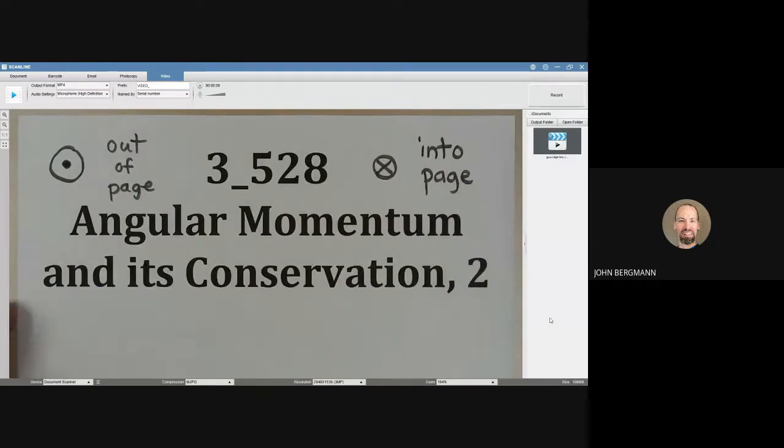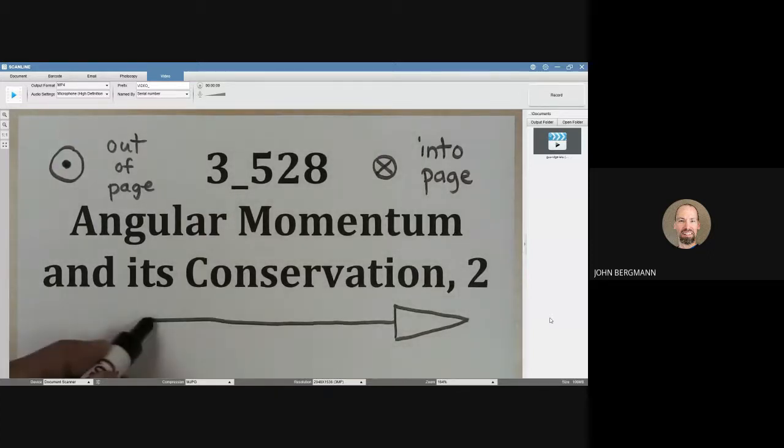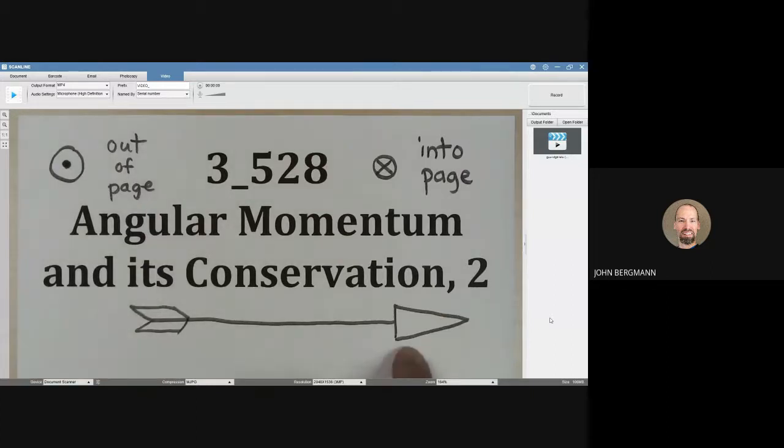And perhaps the way you can remember that is if you can think of an arrow. And the arrowhead is a cone. It's a conical arrowhead. And then it's got feathers on the back end of it. If that arrow were flying right at you, wouldn't you see this picture in the upper left corner? You would see the point of the arrow, and then you would see the bottom edge of the cone.